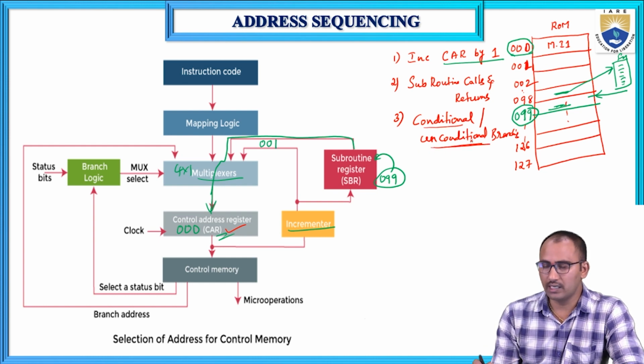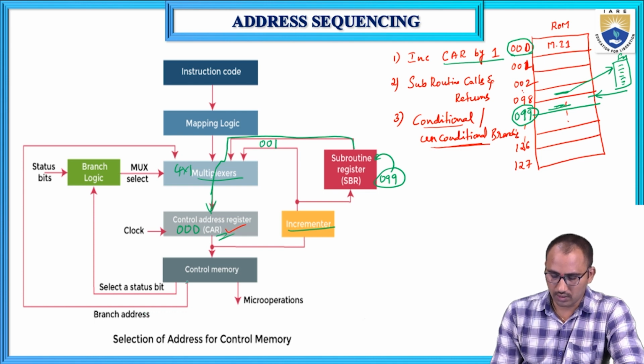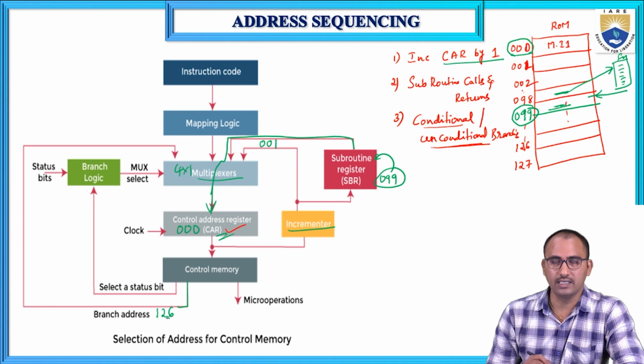If you consider unconditional, as the name itself specifies, it means without checking any condition, the program control will be transferred to the new address. See here, this is from the control memory. Let us assume we have the address 126, meaning we have specified to branch to address 126.